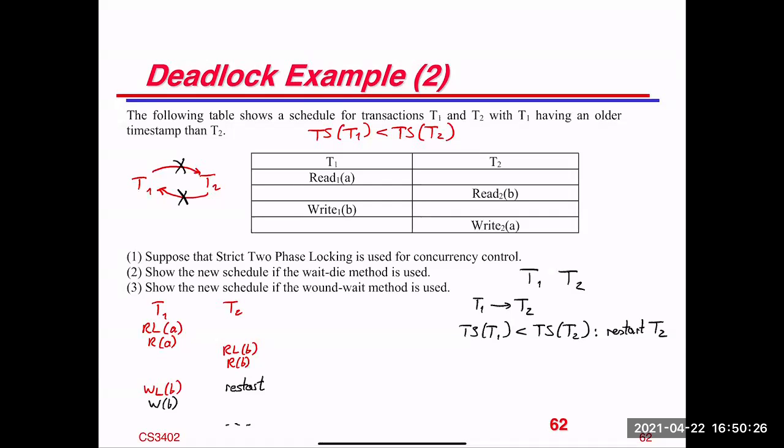But the difference was that for wait-die, we restarted T2 at the point when T2 tried to get a write lock for A, whereas for wound-wait, we already restarted T2 as soon as T1 tried to acquire this write lock on B. So that is the difference.